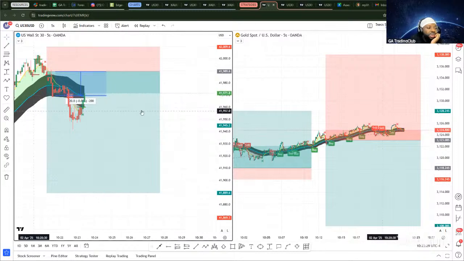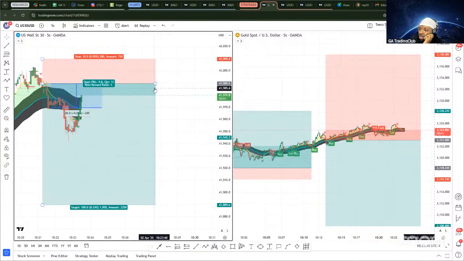Now the issue with going for a 1:5 is that sometimes price will just come and tap you out. But we just wait for the next one if we get tapped out. The idea is that even though sometimes you're leaving, personally, I don't take partials.